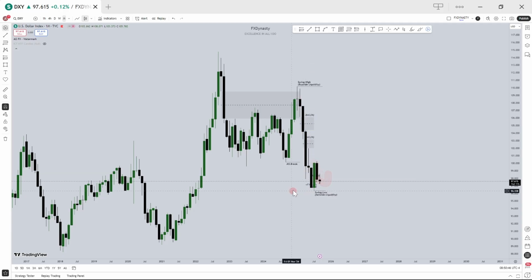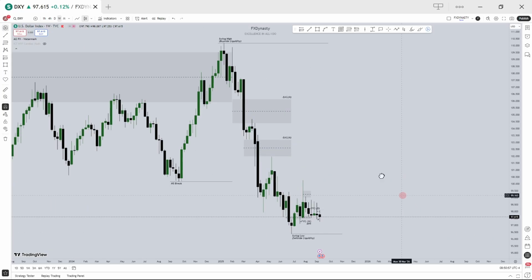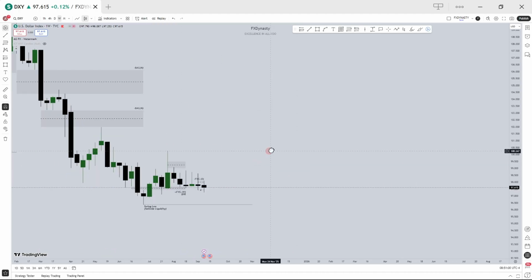The monthly time frame is very clear on what it wants to do, just to trade to the downside, and you can see that. So let me take you to the weekly time frame. On the weekly time frame, that is where we'll start to notice some kind of irregular price movement. You can see the consolidation we have been having for about how many months now.